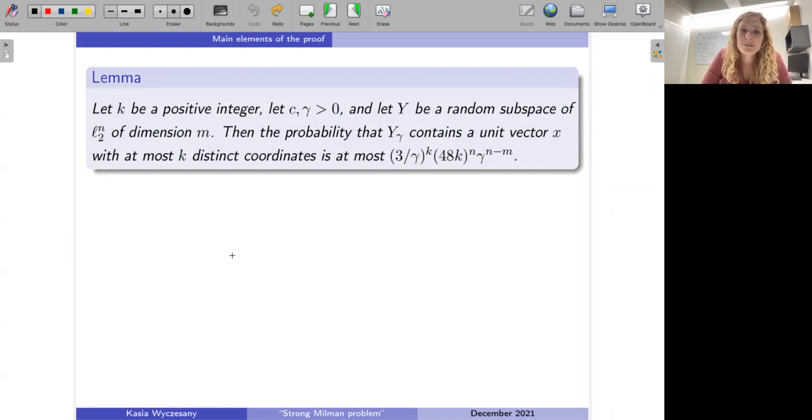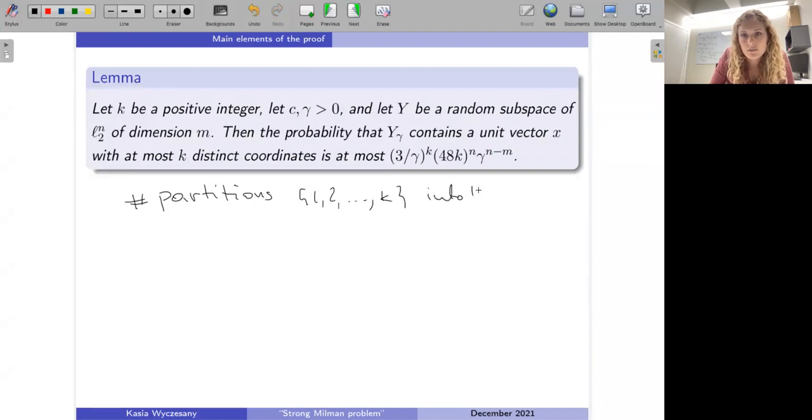And those claims are a combination of probability and combinatorics a little bit, because what one can do is, for example, we say that, okay, the number of partitions of the set 1 to k into k sets is at most, let's say, k to the n, being very, very crude.